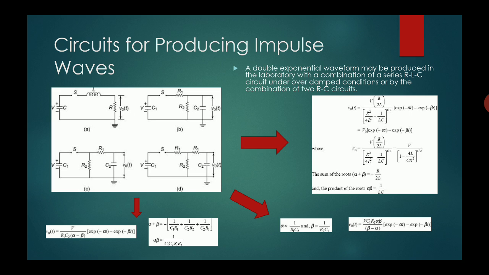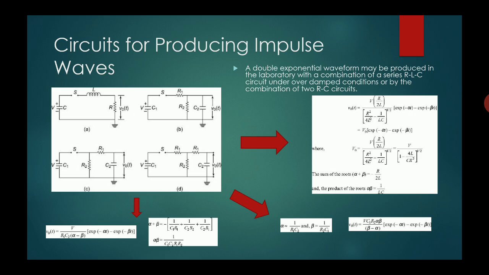What you do is form the differential equation, then go to the Laplace transform, and arrange the output, which for the first circuit is across R, in the Laplace domain, and then do an inverse Laplace.